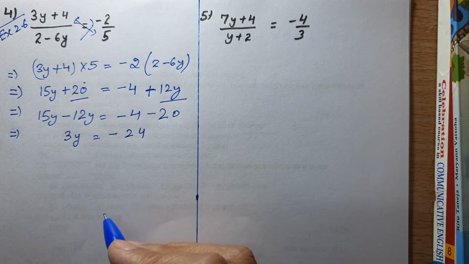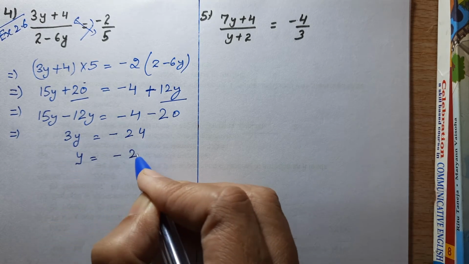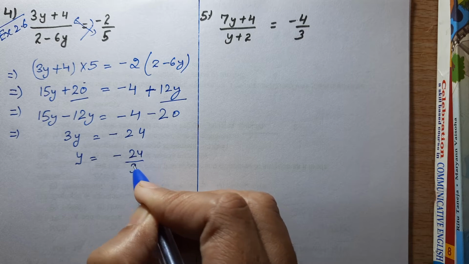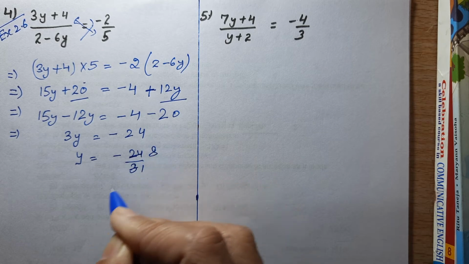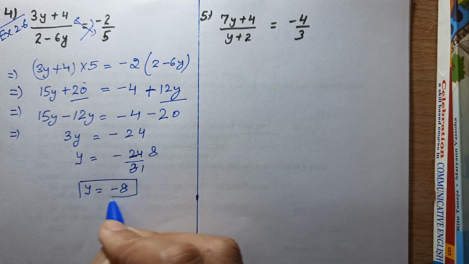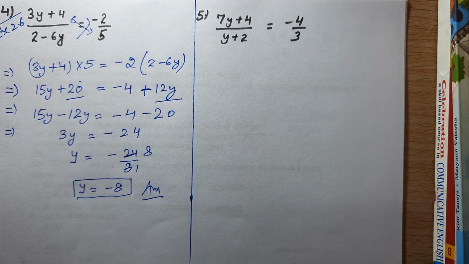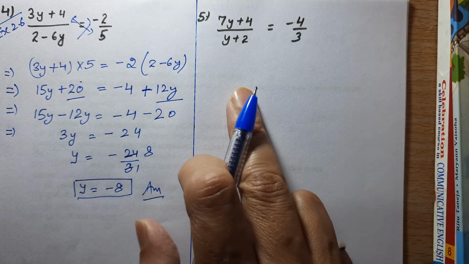Clear, children? So what will be the value? It is in multiplication. On the right hand side it will be divided by 3. 3 1s are 3, 3 8s are 24. The value of y comes out to be minus 8. That is our answer.